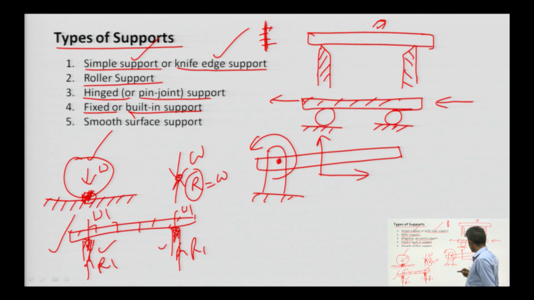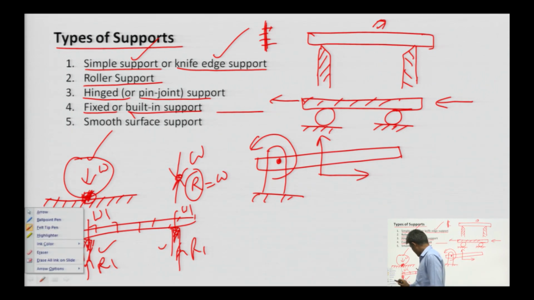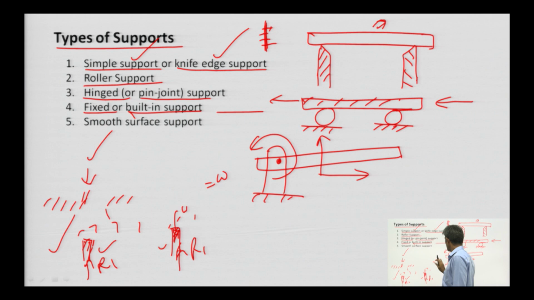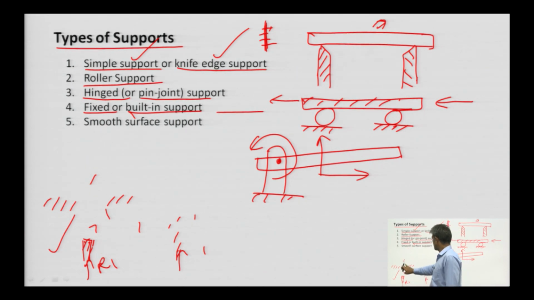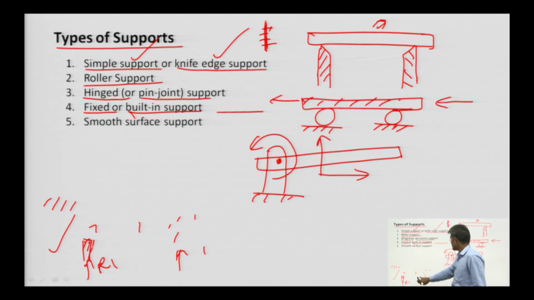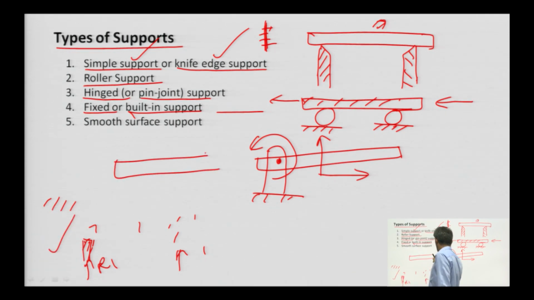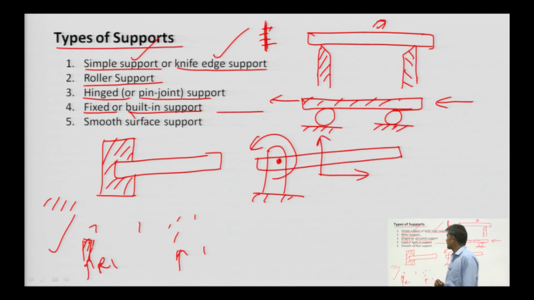Built in support means this horizontal bar is placed inside a support, and the contact surface, this one contact, is perfectly rigid.